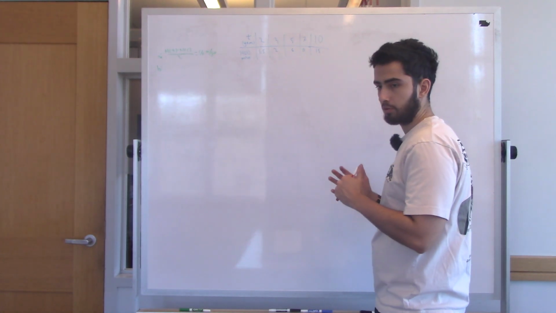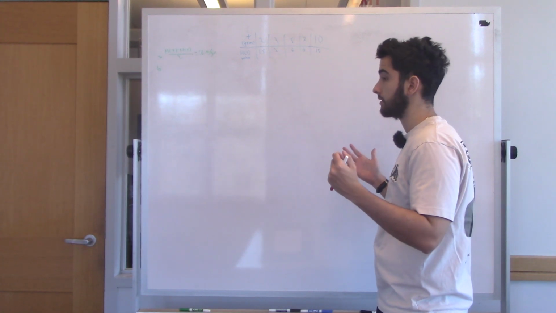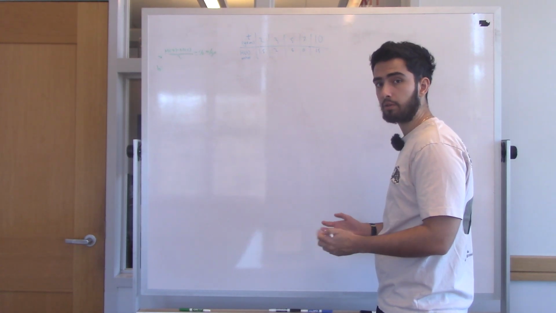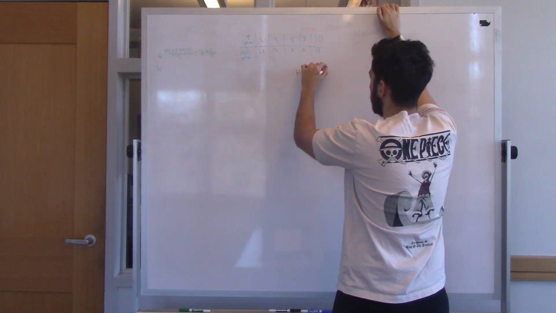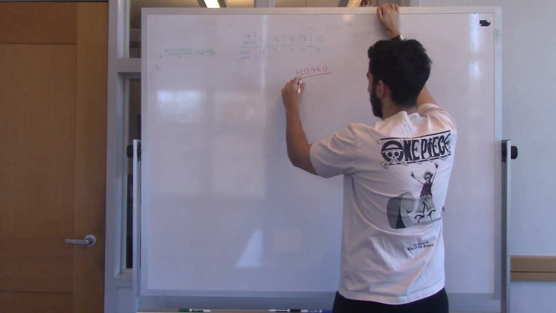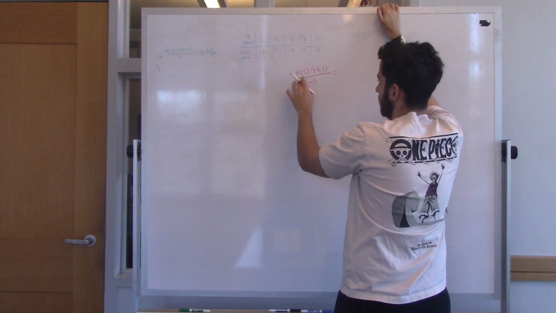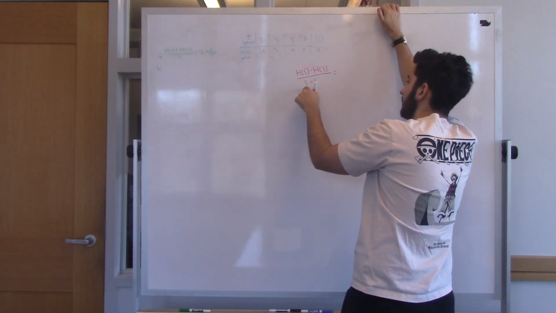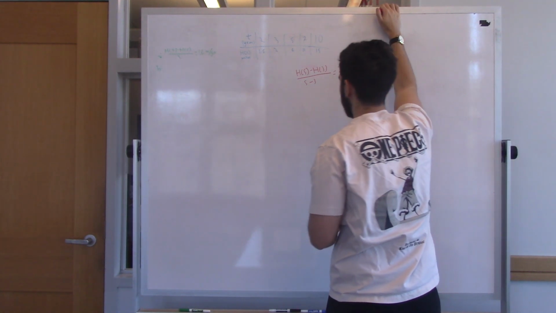So, let's see, we're told that h is twice differentiable, so it's differentiable. And if it's differentiable, it's continuous, which means we can use the mean value theorem. So, if you do h of 5 minus h of 3 over 5 minus 3, you get h of 5 is 6, h of 3 is 2, 5 minus 3 is 2, so you get 4 over 2, which is going to equal 2.